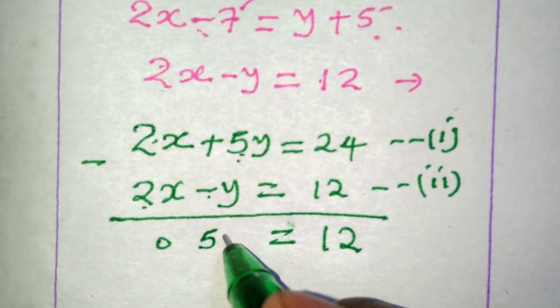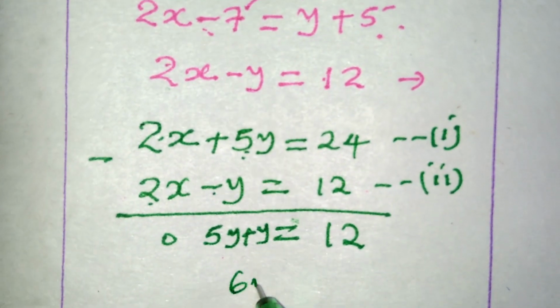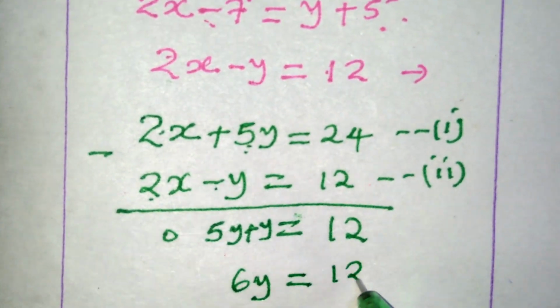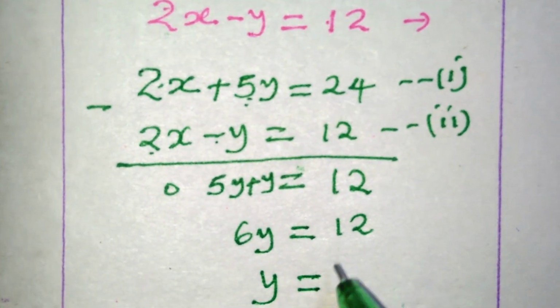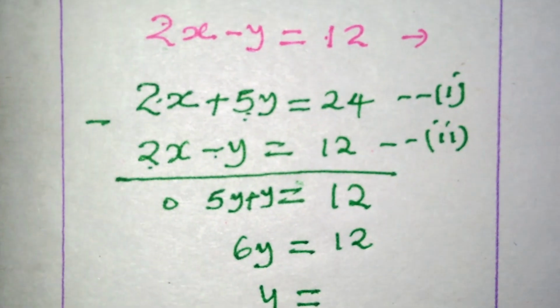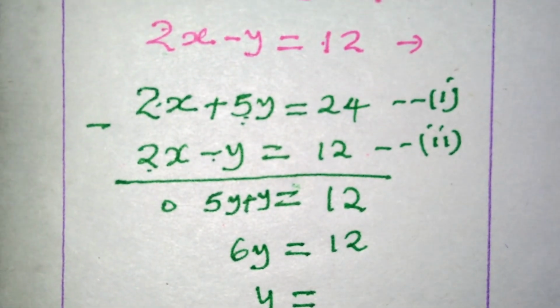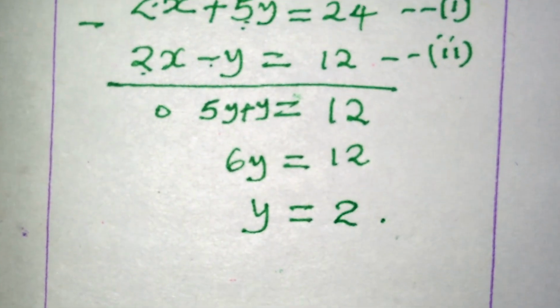That is 5y plus y, which gives us 6y. So we end up with 6y is equal to 12. That simply means we can get y by dividing both sides by 6, and that gives us 2. So y is equal to 2.